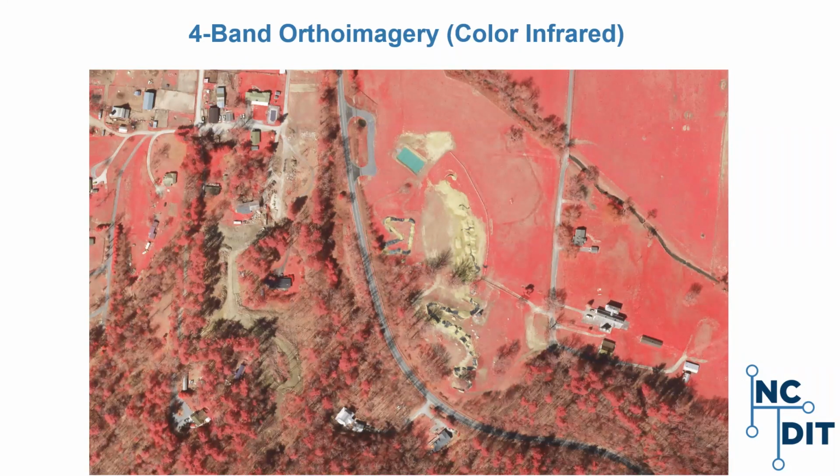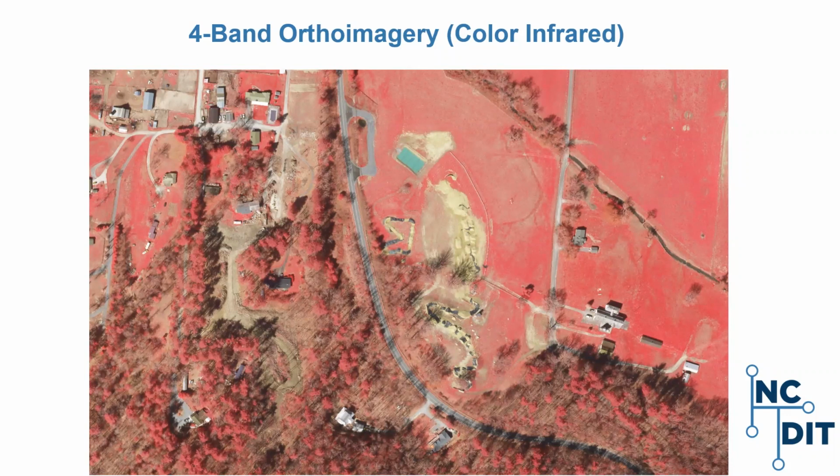The origin of the color infrared band is actually from World War II, when they were trying to distinguish between camouflage tanks and actual vegetative cover on the ground. And since camouflage that's not natural is a different signature, if you will, on the ground, it gave them a clear distinction between what was man-made and what wasn't.